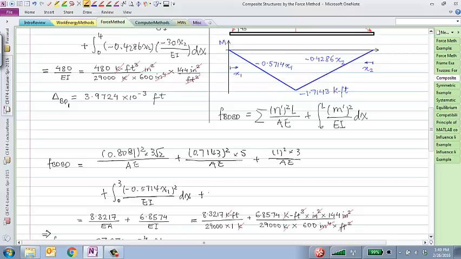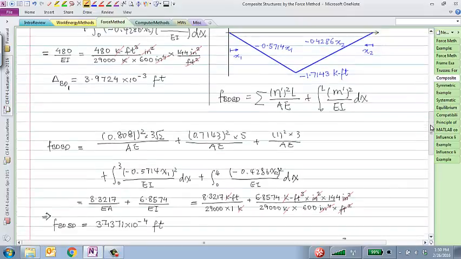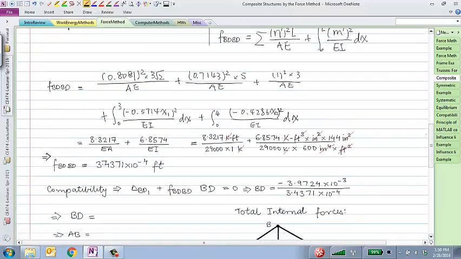And then the second segment, again from right to left, we have 0 to 4 and minus 0.4286 x2 over EI. Oh, actually, the bracket should be dx. And then after some calculations, we can find out that FBD, the flexibility coefficient, is equal to that.